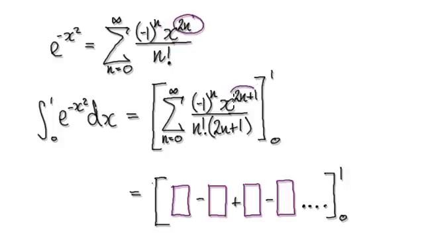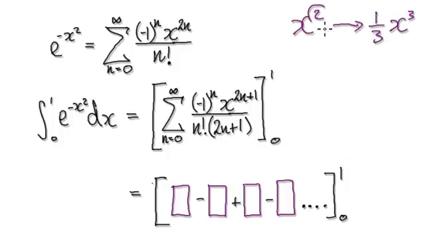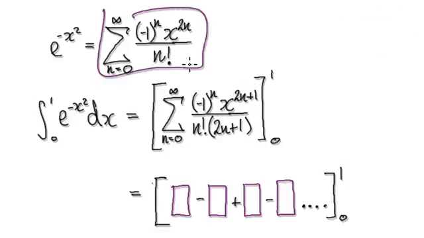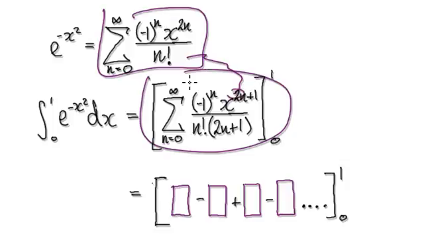So this thing here will become 2n plus 1. It's just like x to the power of the x squared: if you integrate it, the power gets increased by 1, and then you've got to divide it by whatever's over here. Okay, we've done this before. So integrate this, and that will then give you this.